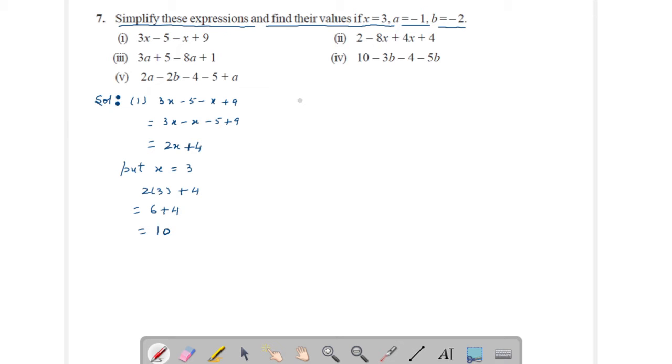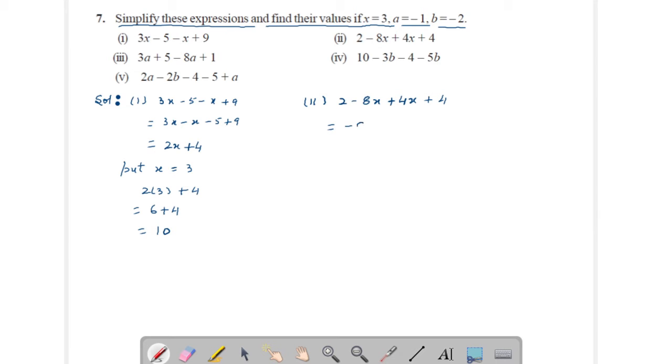Now come to second part. It is 2 - 8x + 4x + 4. Here again solve it. Collect the like terms.